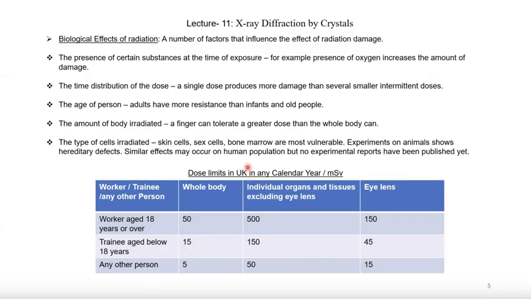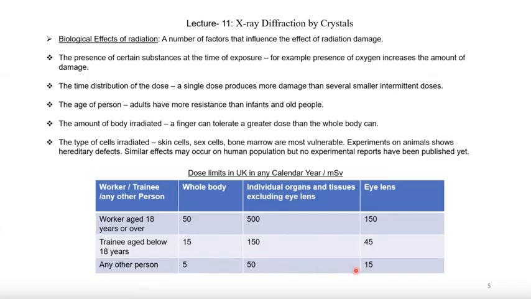Mind, this is the UK data. I'll come to it again. And 150 for individual organs and 45 for eyelids. For any other person, that is, say, children or an old person, the whole body limit is 5, and individual organ is 50, and eyelids is 50.